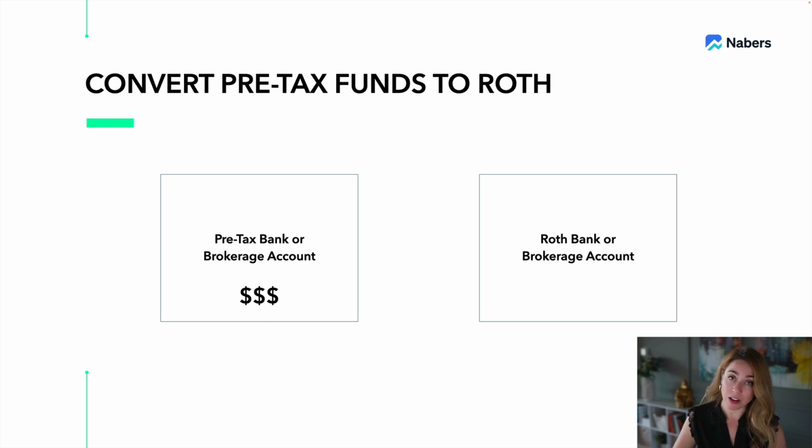And if you're making voluntary after-tax contributions, those go in your after-tax bank account. I was talking to Alex the other day, and he was about to complete his Roth conversion from his pre-tax funds to his Roth account. All he needed to do was send a wire or an ACH from his pre-tax account right into his Roth bank account in order to complete the conversion.